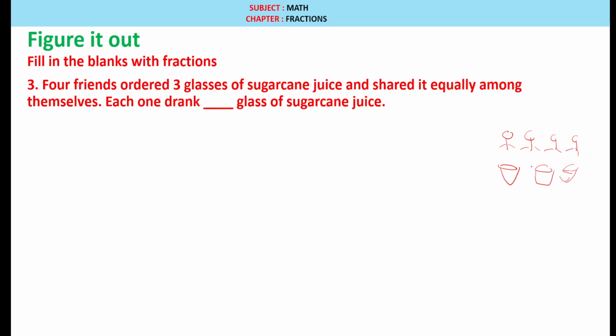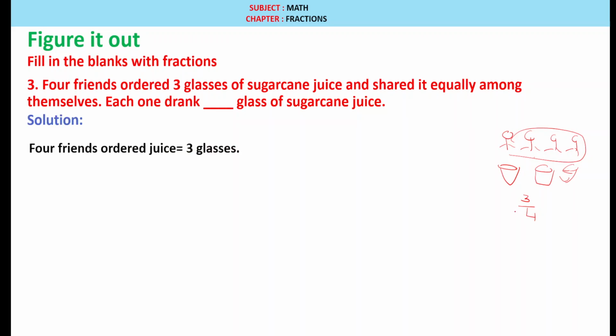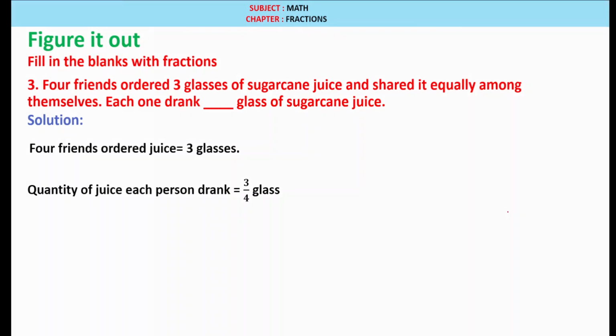So how will they share equally? We know that there are 4 members, but we have 3 glasses. So they will each get 3/4. Let us see the solution. 4 friends ordered juice equal to 3 glasses. The quantity of juice each will drink will be 3/4 of a glass.